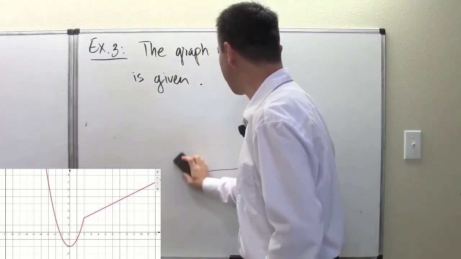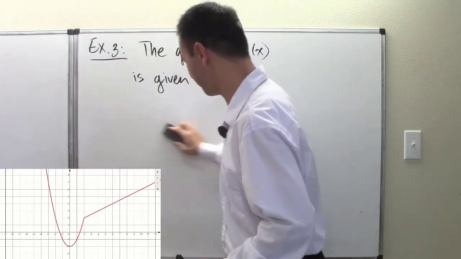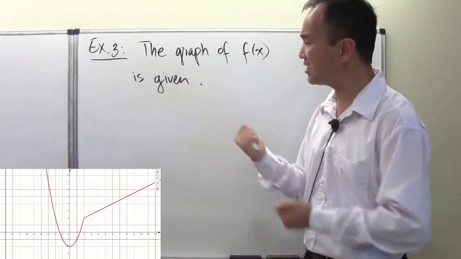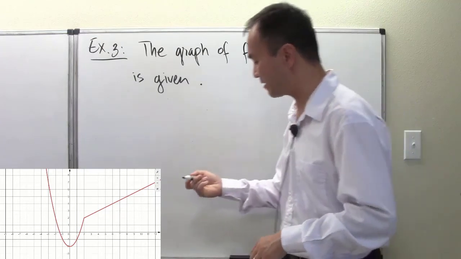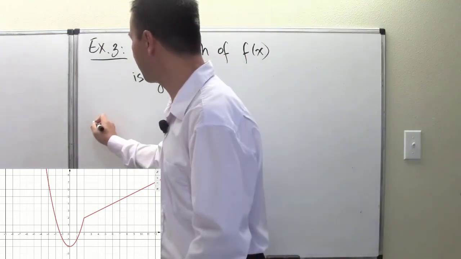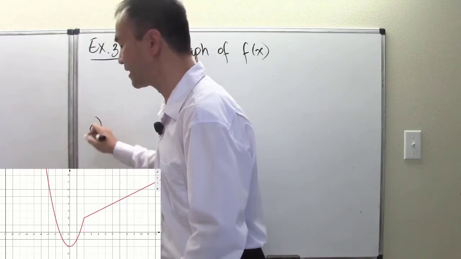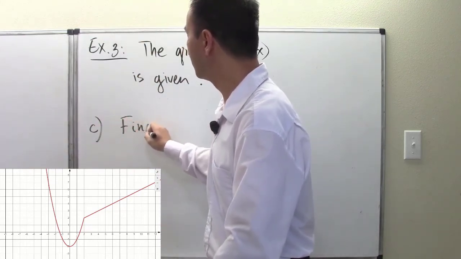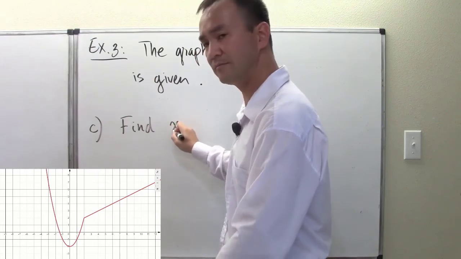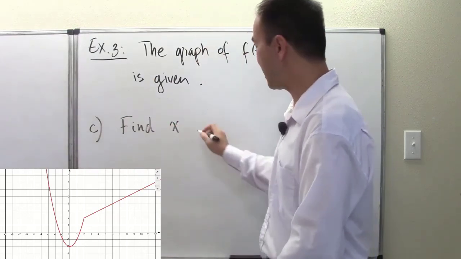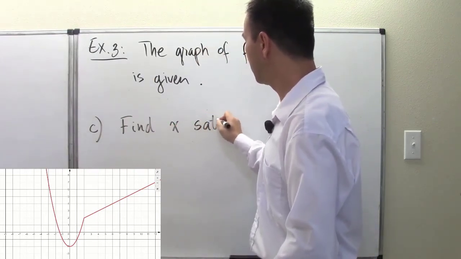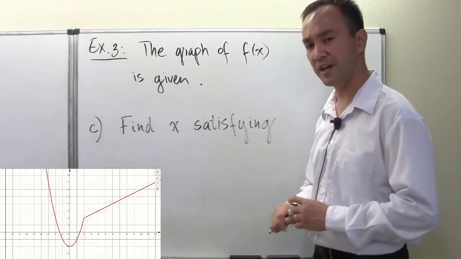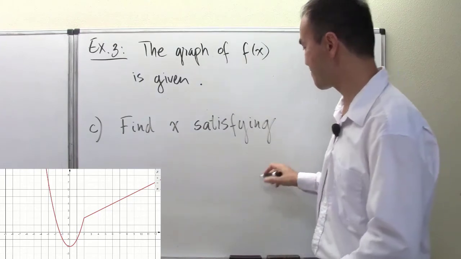All right, and so now let's look at another type of problem. So still we're in example 3. But let's look at, so we have the graph given, but we want to find, let's say this is part C of the example. Find x satisfying. Okay, find x satisfying.